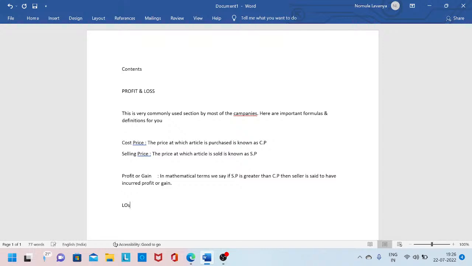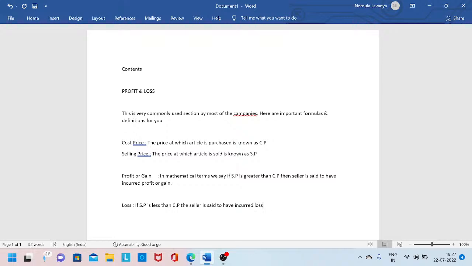And what is loss? If the selling price, that is SP, is less than the cost price, the seller is said to have incurred loss.